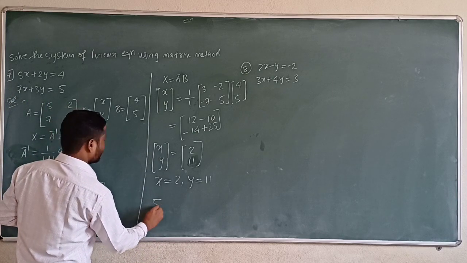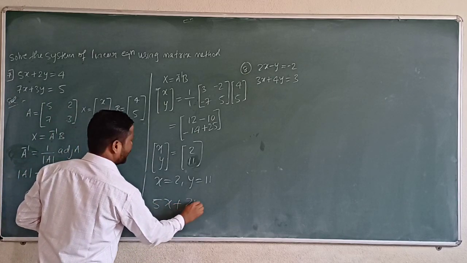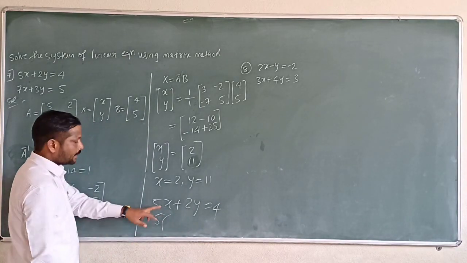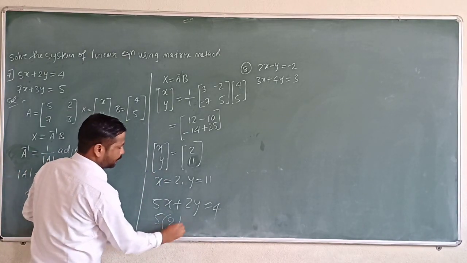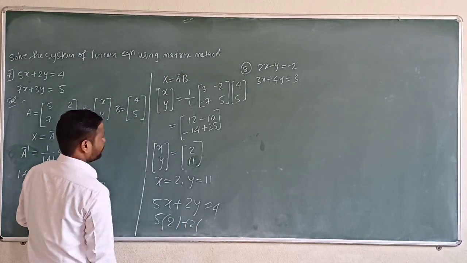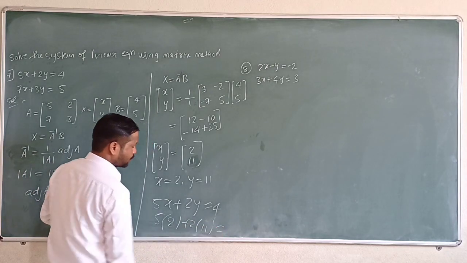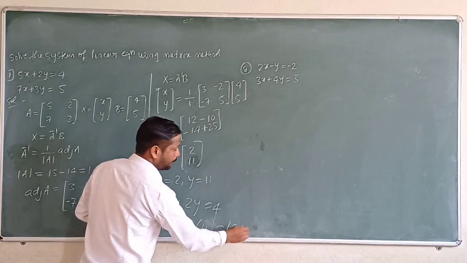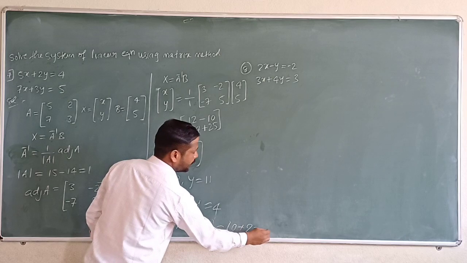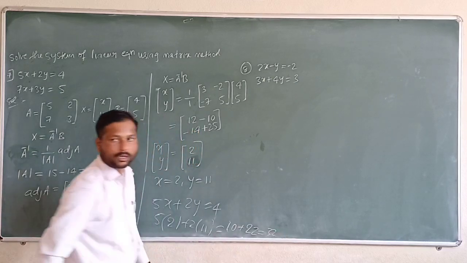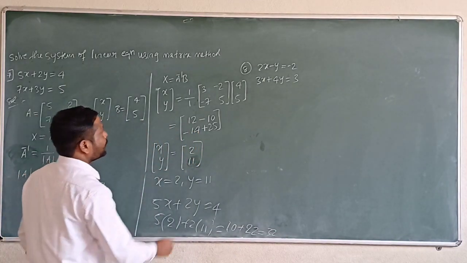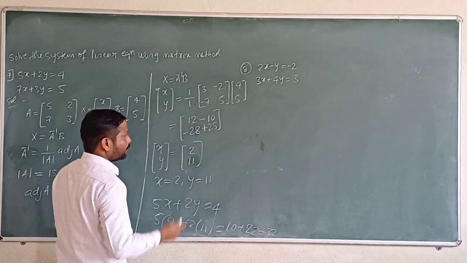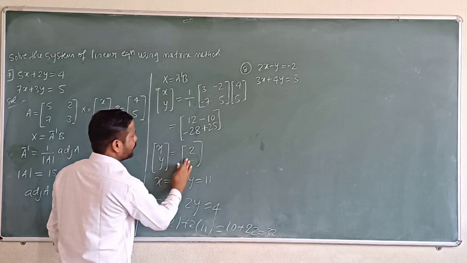Take this 5x plus 2y, is equal to what? 4. Right. 5 as it is, x meaning 2, plus 2 into y meaning 11. That is equal to 5 2s are 10 plus 2 11s are 22. We verify: 32, not equal, so there is a mistake. 7 4s are 28. Then 25 minus 28 is minus 3.